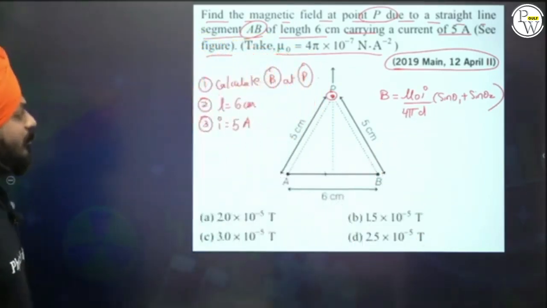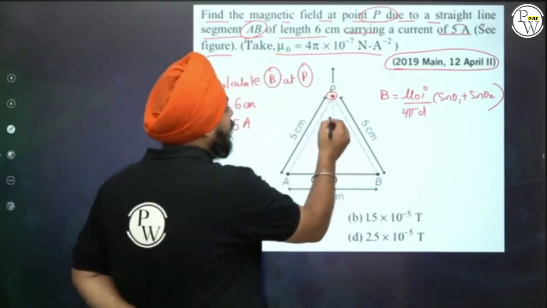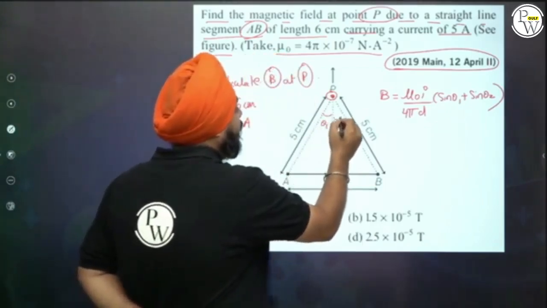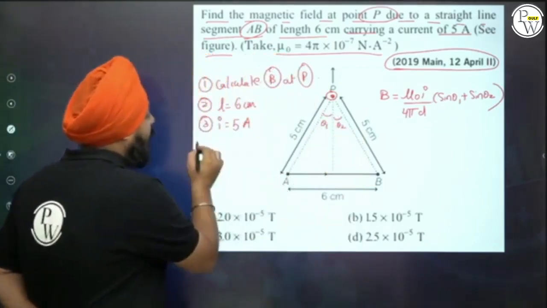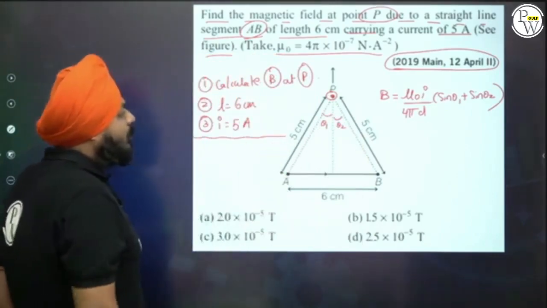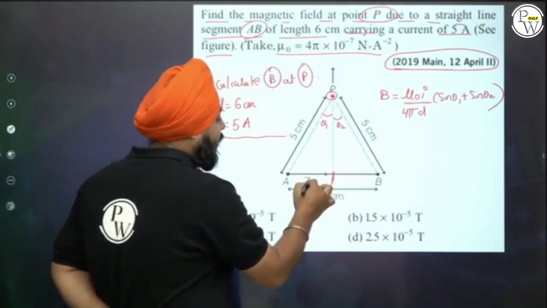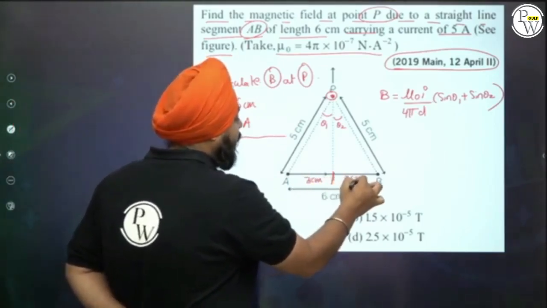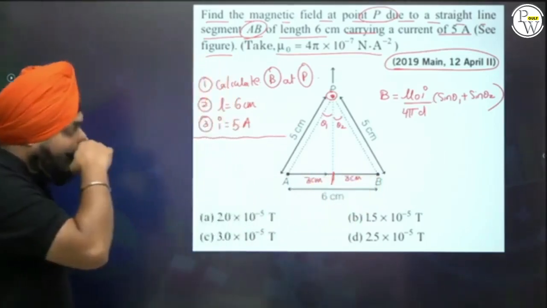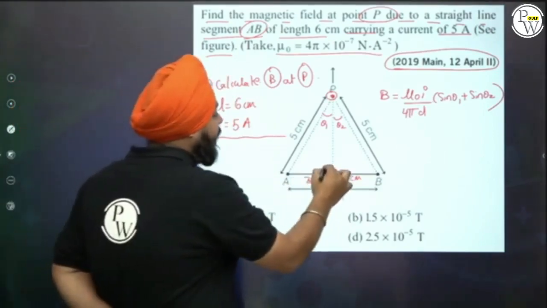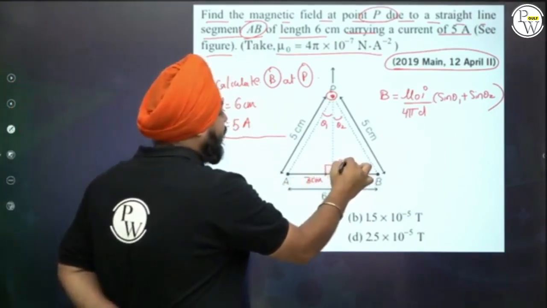Now here, this will be theta 1, this will be theta 2, but we are not aware of these. Can I say this is 6 centimeter? If it is divided equally into two parts, then this will be 3 and 3. This side we have 90 degree, this side also 90 degree.